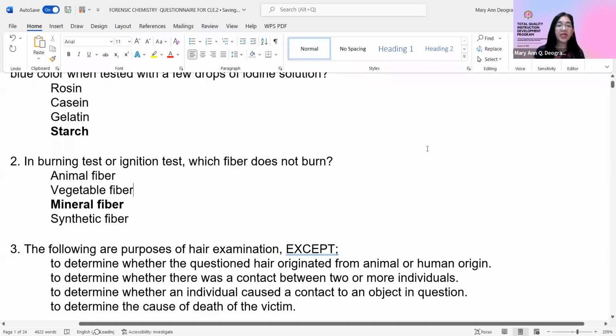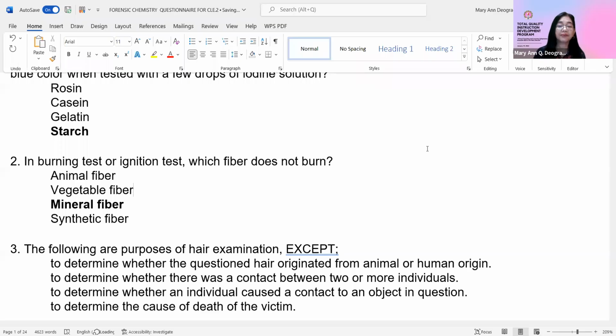The following are purposes of hair examination, except. A, to determine whether the questioned hair originated from animal or human origin. These are all purposes of hair examination, but there is one exception.